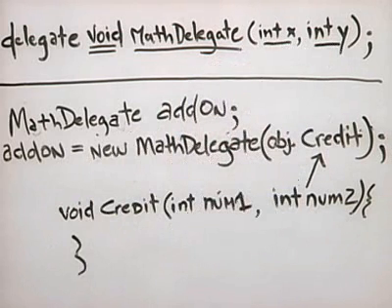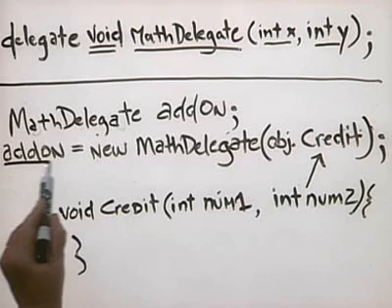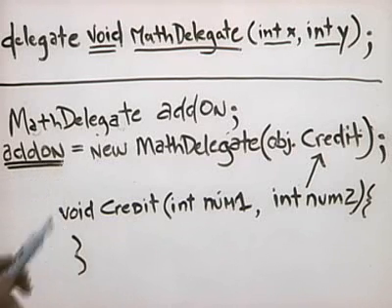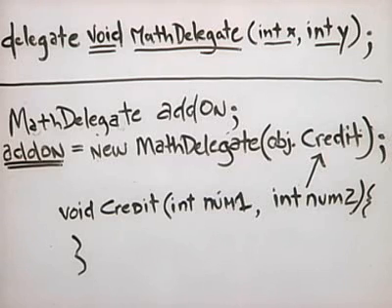Now let's take a look at an instantiation of that delegate. There's a reference variable called addOn, and we're creating a new instance of that MathDelegate. Now notice the constructor of a delegate. The constructor simply lists the name of the method that it's going to be referencing. So MathDelegate is referencing a method called Credit.